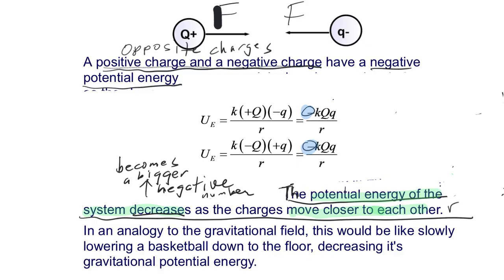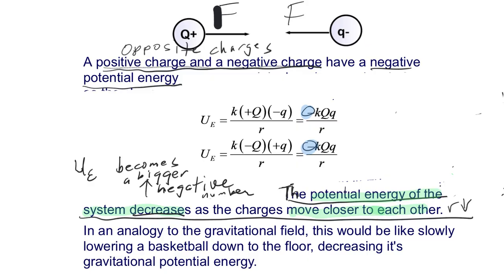So as r decreases, the electrical potential energy becomes a bigger negative number. This kind of goes against what we said at the beginning of the year.